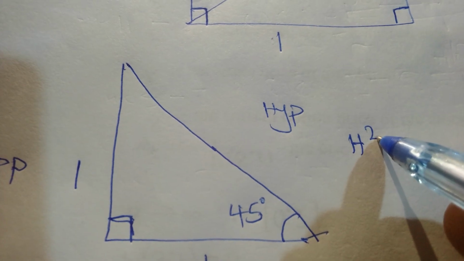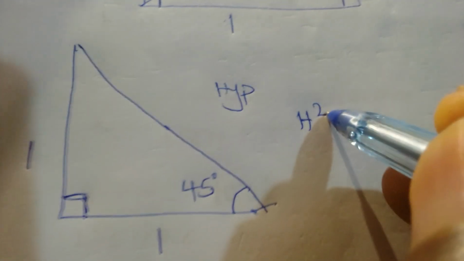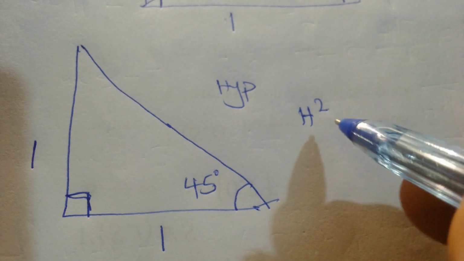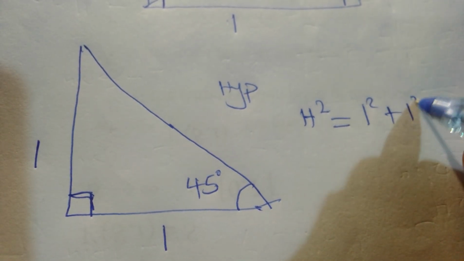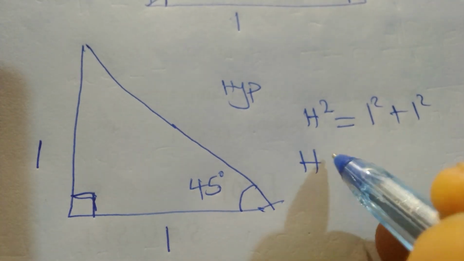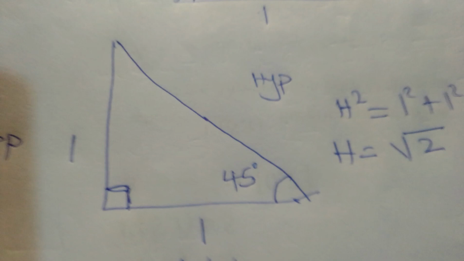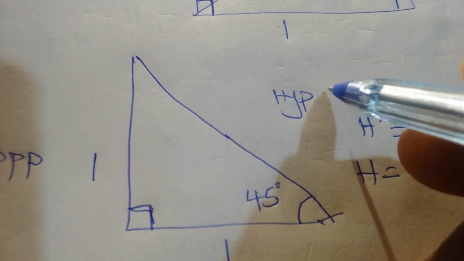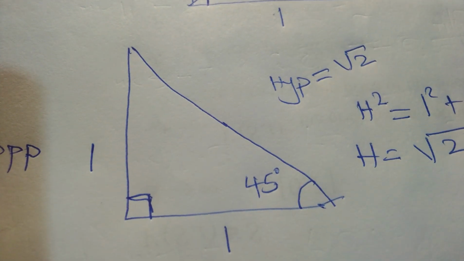According to Pythagoras, the square of the hypotenuse is equal to the sum of the squares of the other sides. So the other sides are 1 squared plus 1 squared. So h is going to be square root of 2. The hypotenuse side is root 2.